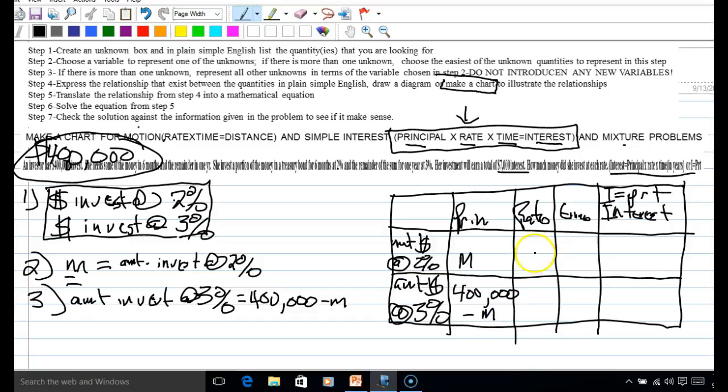The rate. How long are you going to invest the money at 2%? Well, at 2%, she invested the money for 6 months at a rate of 2%. So 2% written as a decimal number, drop the percent, move the decimal 2 places to the left, is 0.02.